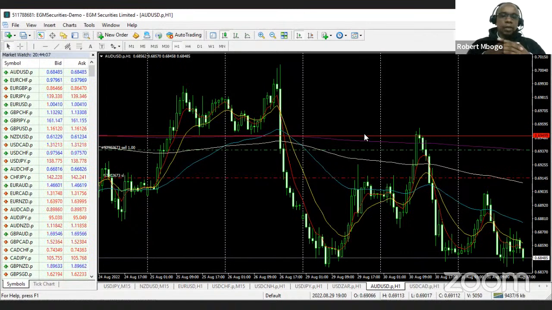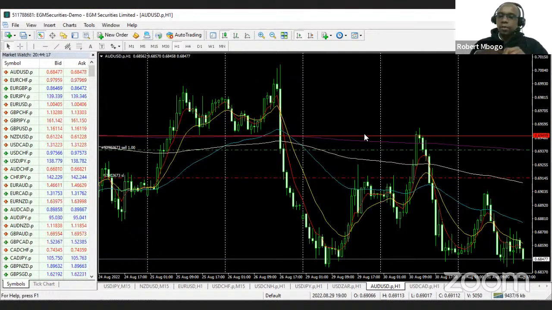Like we said, Michael, when you're looking at your trades, you must make sure that you're looking at different parameters. You don't base your trade analysis or even when you decide to enter on just one parameter, because you only increase your probability when you have different parameters lining up.